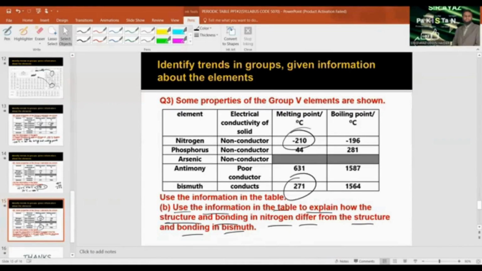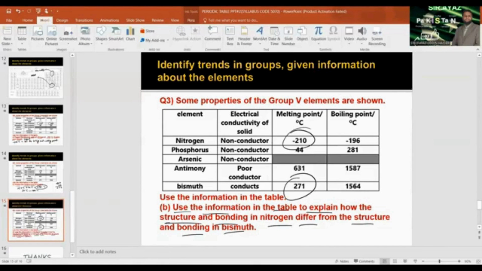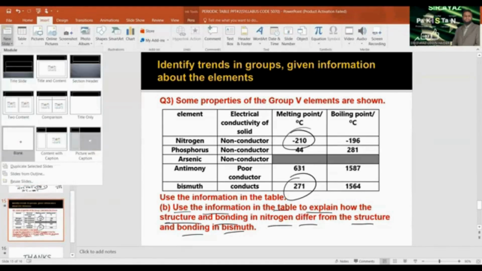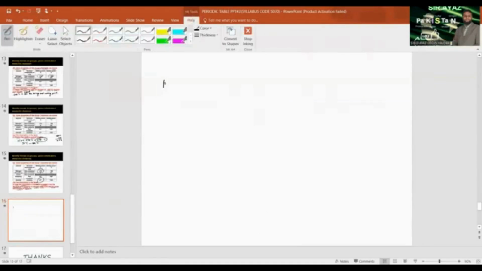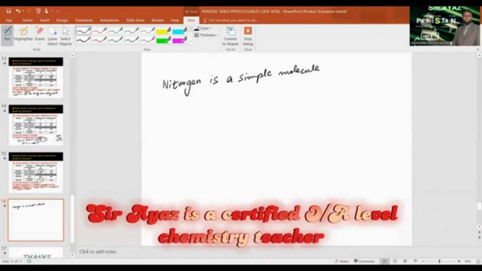Nitrogen is a simple molecule. So you will write: nitrogen is a simple molecule. What about bismuth?